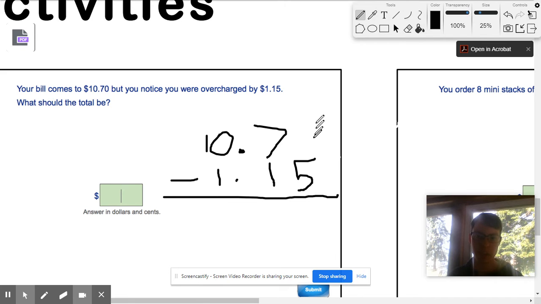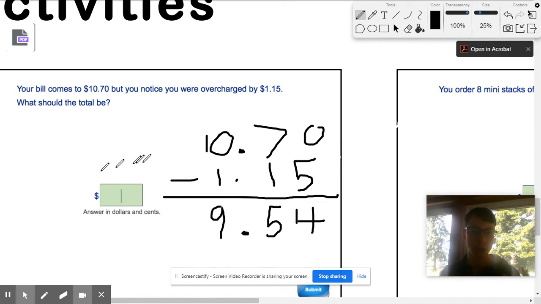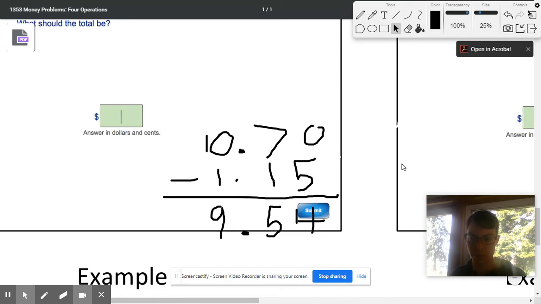Okay, and then you can do that math however you want, and that's going to give you the answer. So this would be 4, and this would be 5, and this would be 9. That's what the actual cost should have been. All right, so you're using subtraction. Your bill comes to, you are overcharged. You have to use some more critical thinking here. All right, let's go to an even more challenging one.